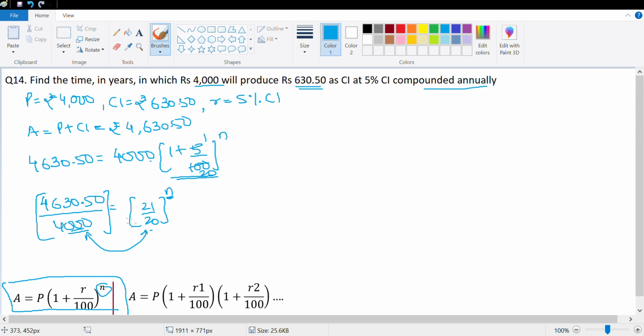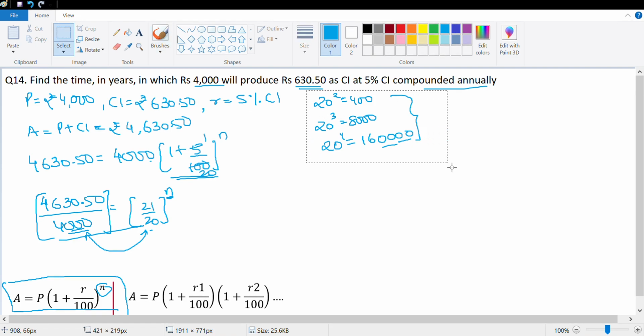How much is it? I don't know. But I know for a fact that 20 square will be 400, 20 cube will be 8,000, 20 to the power 4 will be 16 with 4 zeros. So I have to convert my denominator into any of these. Only then will I be able to equate the bases.